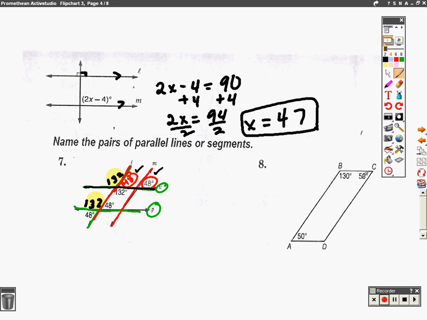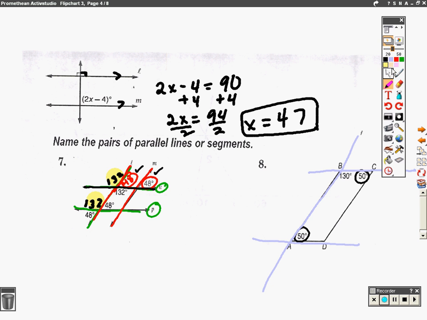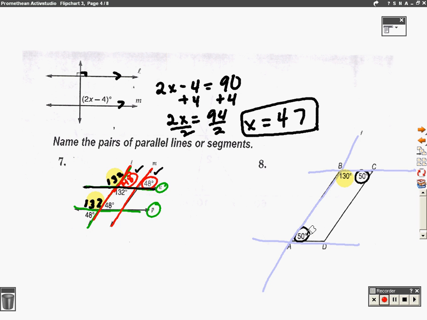It's a quadrilateral, and we see that this is 50 and this is 50. And if I extend my lines on both sides, and think of this as a transversal, which it is because it intersects, I'm just going to extend it, you can see that 130 and 50 are both interior angles on the same side.